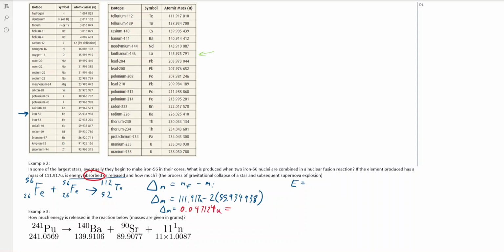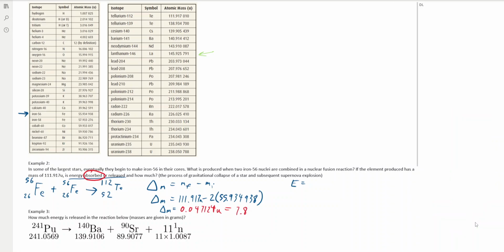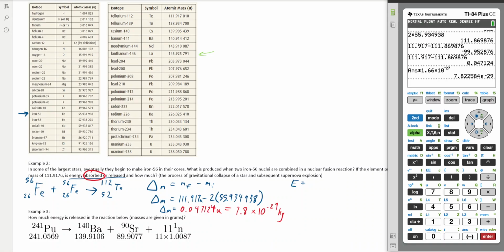So we want to convert that to grams. We're going to use our formula sheet to do so. So that same number, but times 1.66 times 10 to the exponent negative 27. Yep. So we get 7.8, and we'll keep all the sig digs in our calculator, times 10 to the negative 29, I think. Yep.